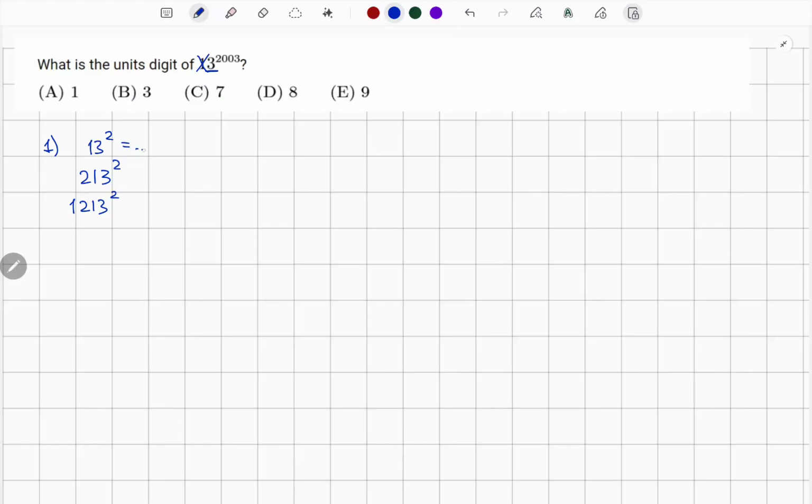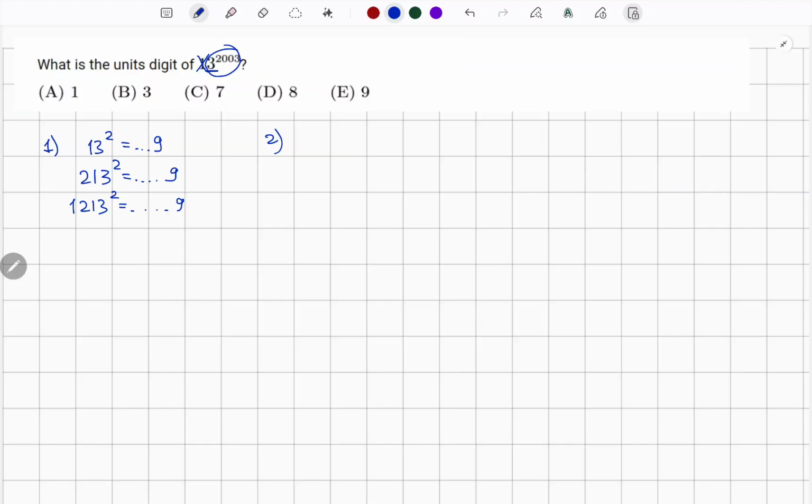So, of course, this number ends with 9. This number, it's a bit longer, but it also ends with 9. This number, way longer, but also ends with 9 because 3 squared is 9. So I hope I justified my idea. The digit 1 doesn't matter. We ignore it.